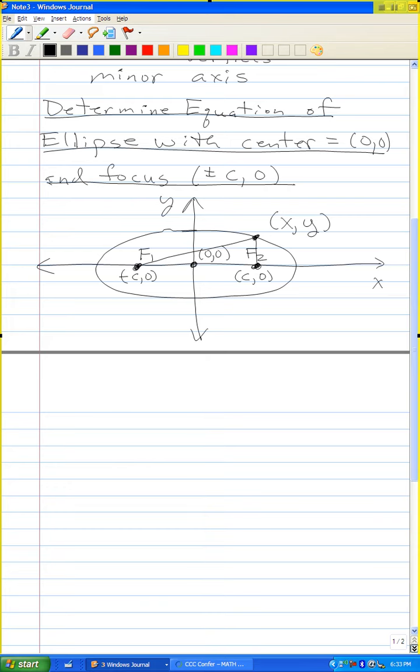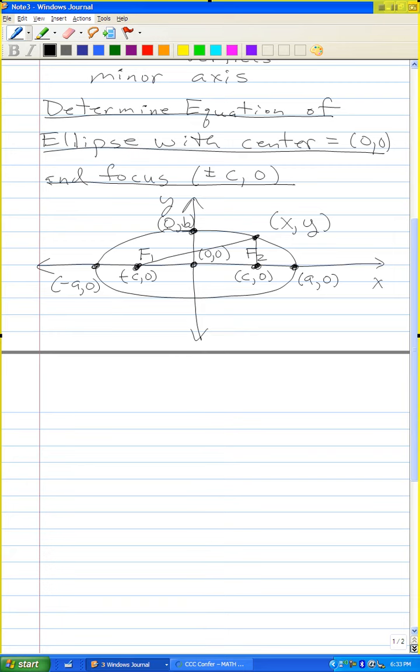Okay, so well, first off, maybe I'll figure out some values here. Let this point here, let's call it a, 0. And so that's one of my vertices. Now, since the center is the midpoint between the two foci, it's also the midpoint between the two vertices, so the other one will be minus a, 0. And so let's call this point up here 0, b.